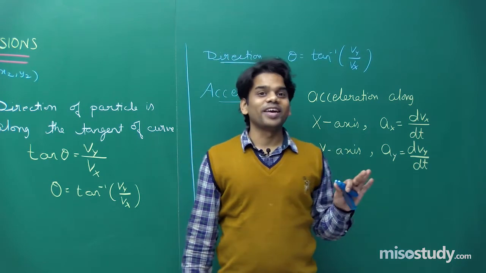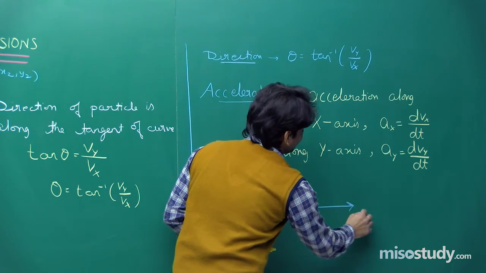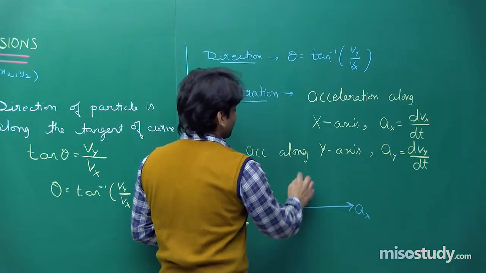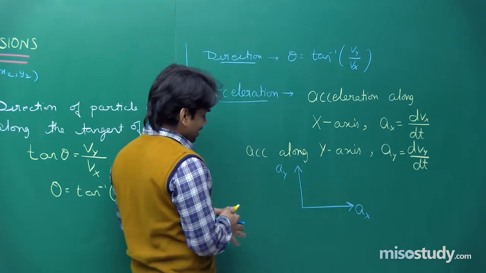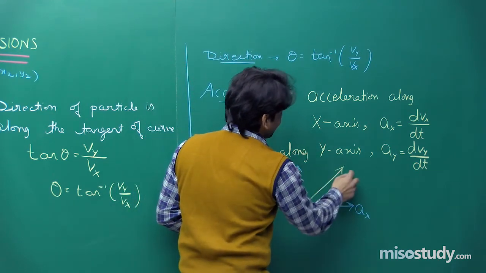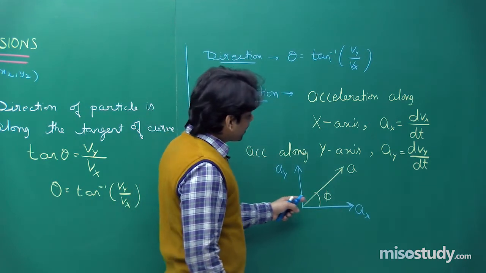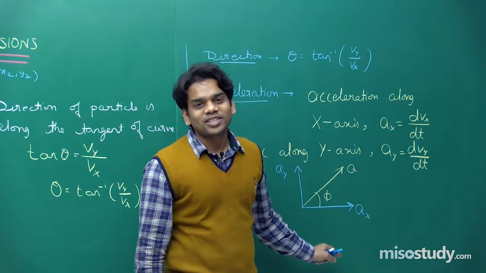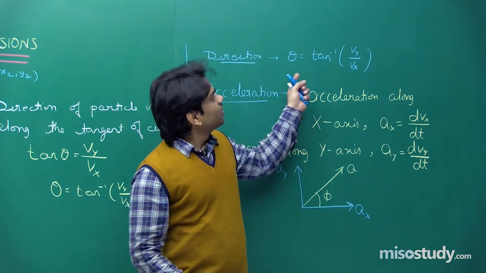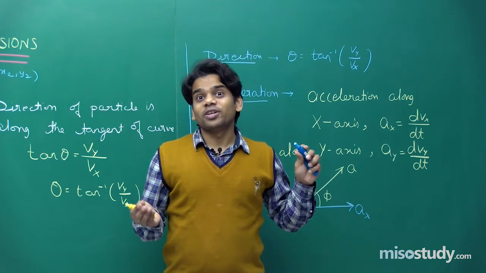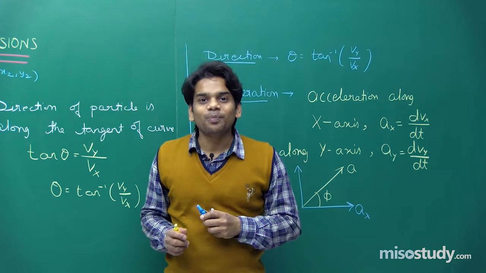We got two things, but don't get confused. If acceleration ax is somewhere like this and ay is here, the net acceleration is somewhere here, and let's say this angle is phi. Don't confuse it with theta that we already gave for the direction. For direction, remember, you have to see the angle between the net velocity and Vx, which is the actual direction of the particle.